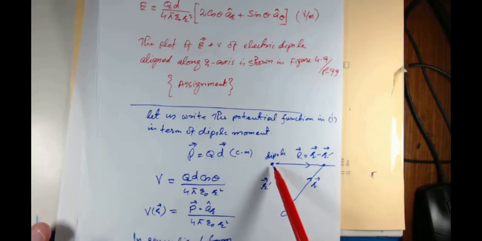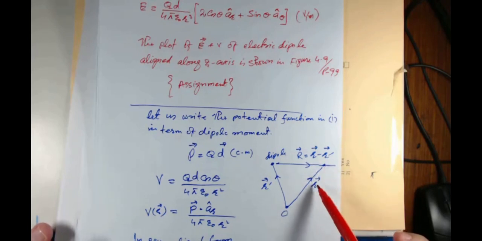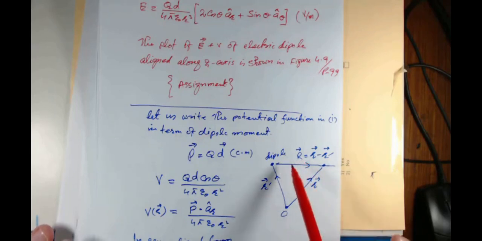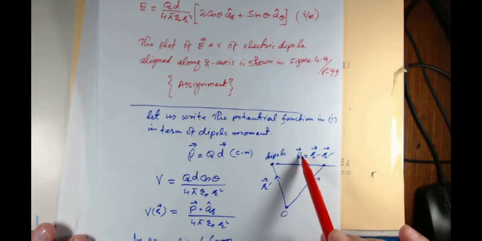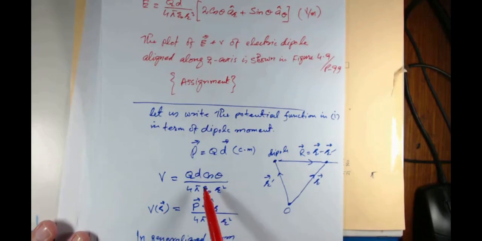For example, the dipole moment is located by the r prime vector from the origin, and the field point is located by the r unprimed vector. So the resultant vector between the source and the field point is capital R equal to r minus r prime.